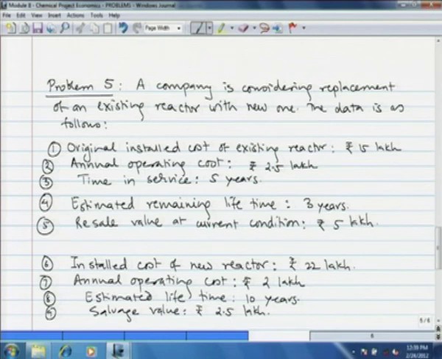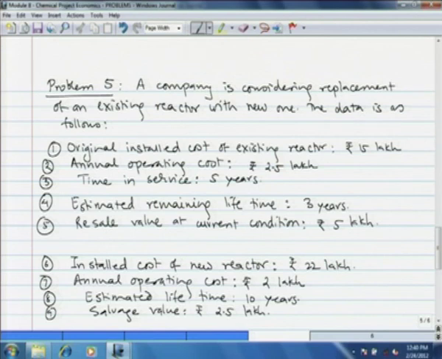The original installed cost of the existing reactor is rupees 15 lakh. The annual operating cost is rupees 2.5 lakhs. Time in service of the old reactor is 5 years. The estimated remaining lifetime of the old reactor is 3 years. The resale value is estimated in current condition as rupees 5 lakhs.